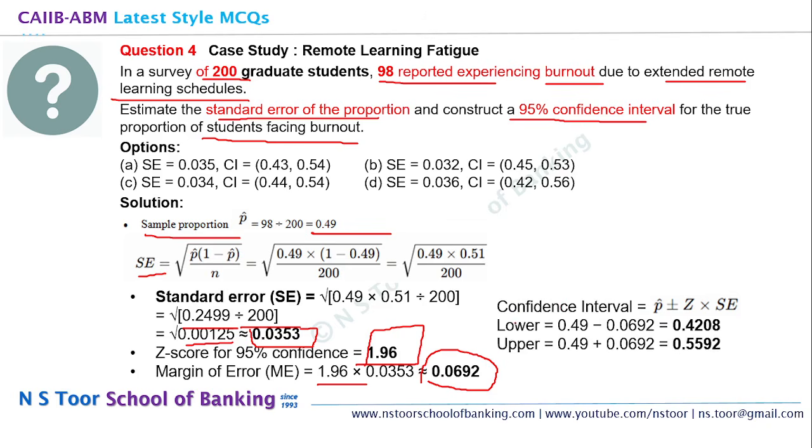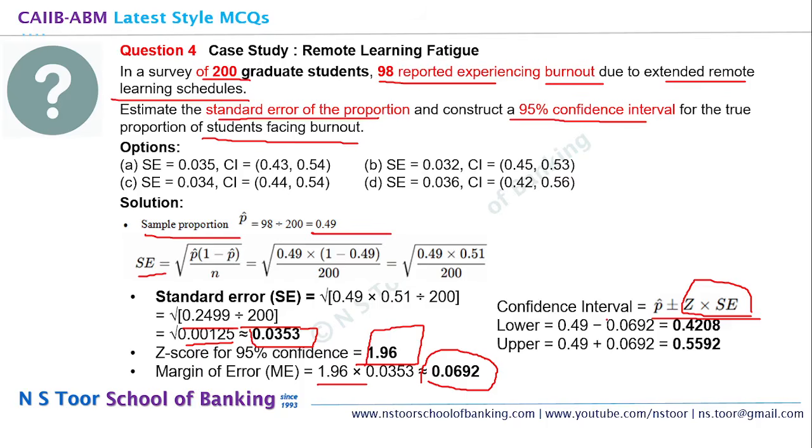Now how shall I calculate my confidence interval? My confidence interval is equal to P hat plus or minus Z into SE. Z into SE we have already calculated here, that answer is 0.0692.